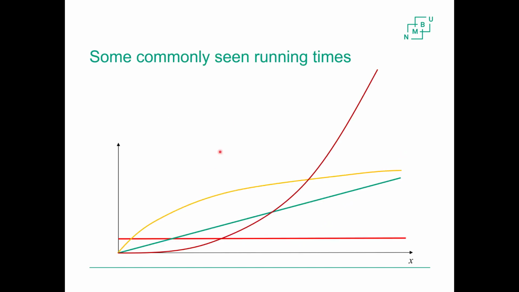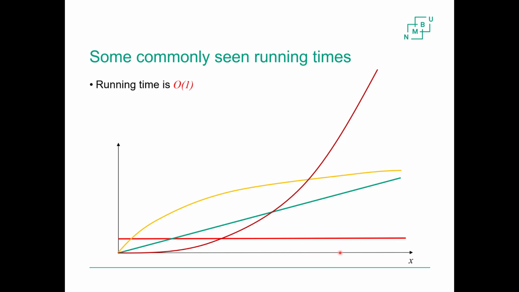There are some commonly seen running times, and all of them are simple mathematical functions. That's the idea here: finding a simple function that says something about how the running time grows. The best running time you can ever have is big O of 1, the red line down here. It means that regardless of how you increase the problem size, it takes the same amount of time each time. This is almost too good to believe, but it is the case in some problems.